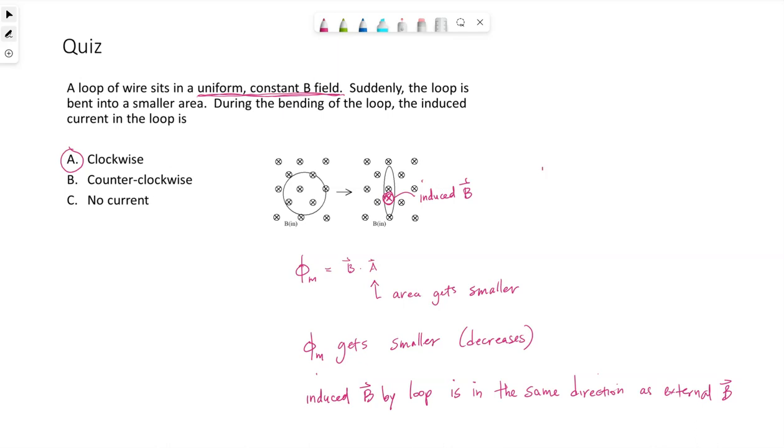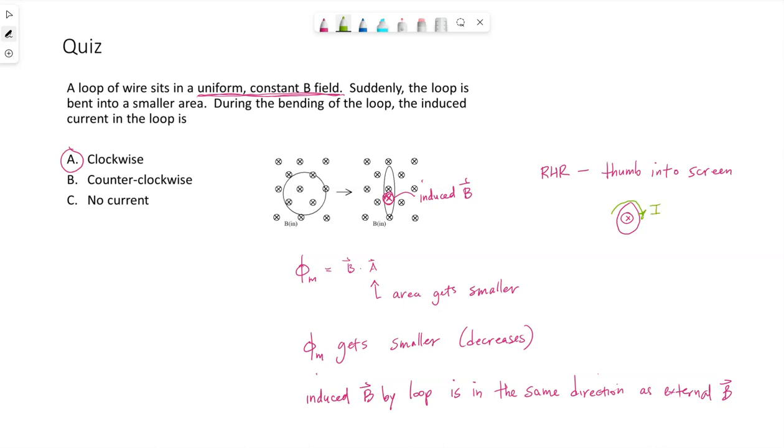So, right-hand rule. Point your right thumb directly towards your screen, as if you could push your thumb into the screen. When I do that, if my thumb's pointing into the screen, my fingertips are pointing this way.